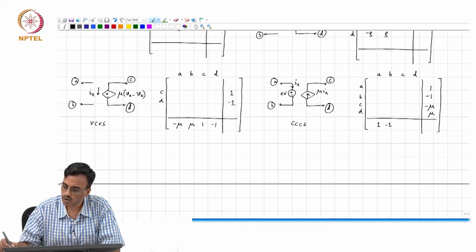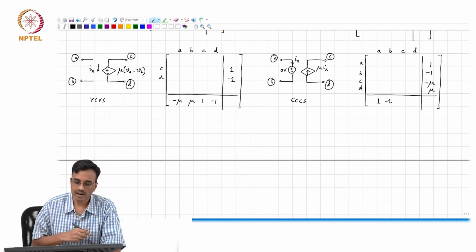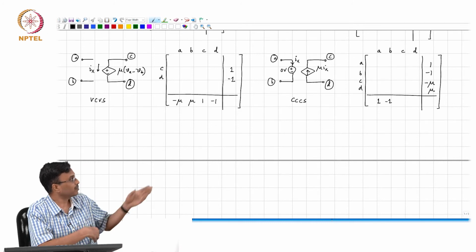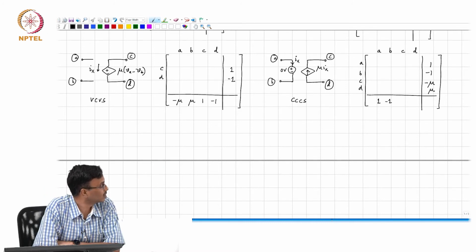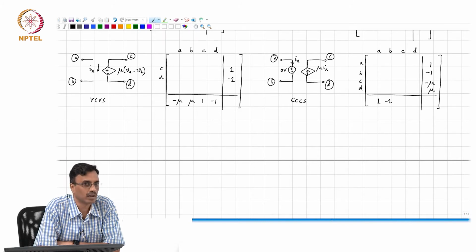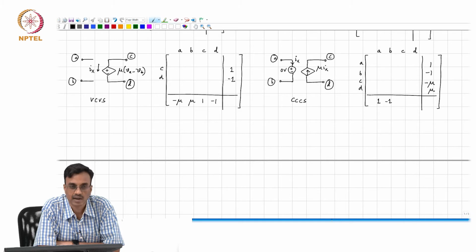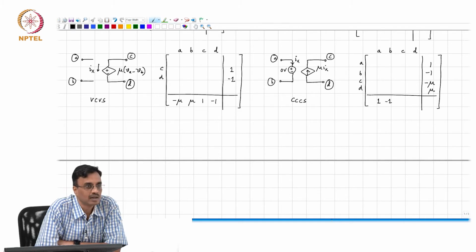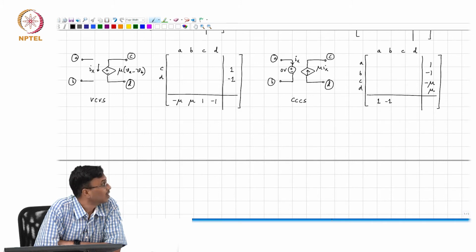All right. I'd just like to draw your attention to one fact. If you stare at these two MNA stamps, what comment can you make about the voltage controlled current source and the current controlled voltage source, the voltage controlled voltage source and the current controlled current source? Transpose, plus AB and CD as well.